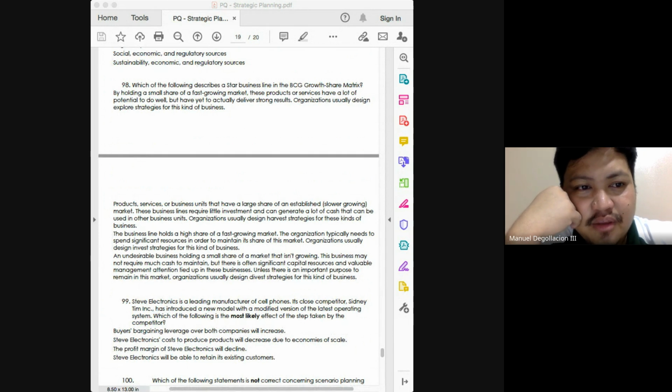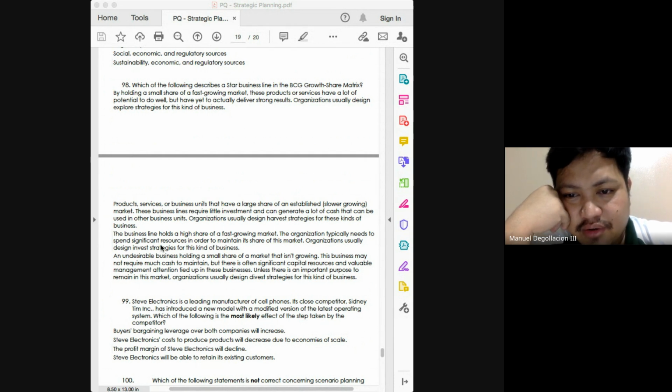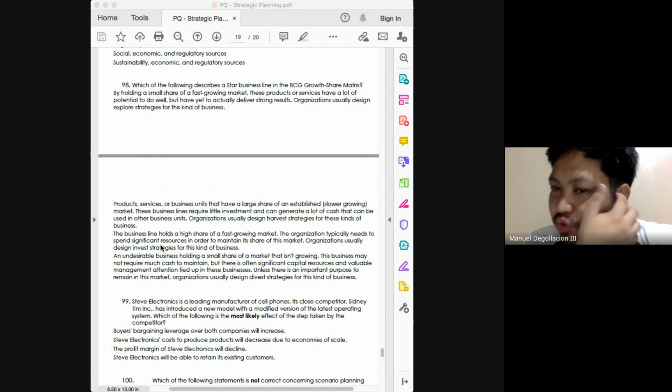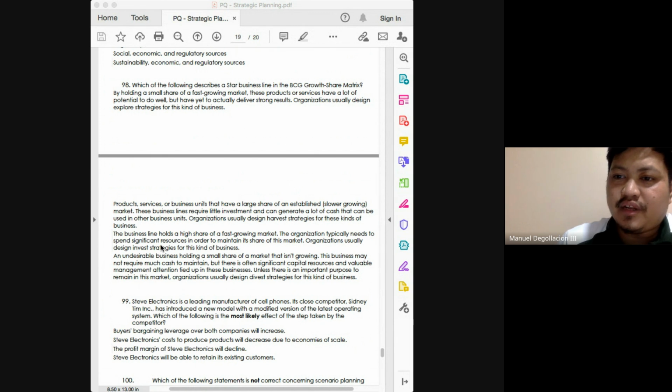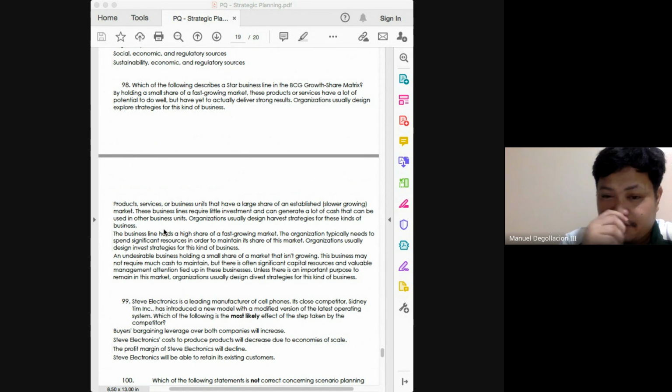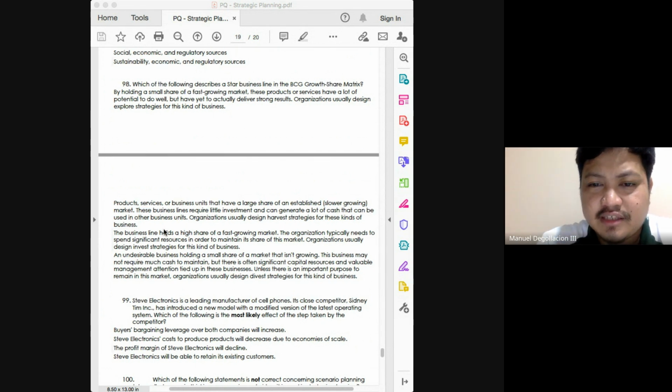Answer here would be the third choice. The business line holds a high share of a fast growing market. The organization typically needs to spend significant resources in order to maintain its share of this market. Organizations usually design invest strategies for this kind of business. This was already explained earlier.